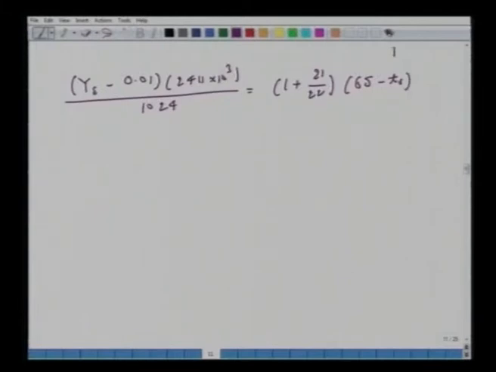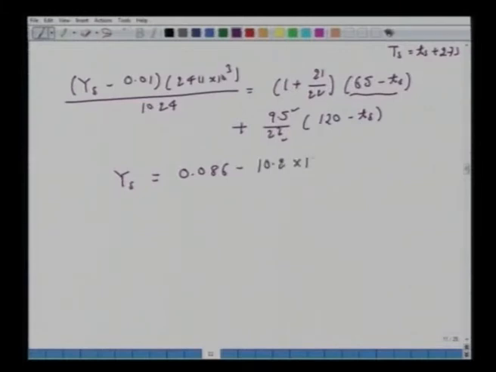So capital TS is nothing but small ts in centigrade plus 273. So the difference will be the same in Kelvin or centigrade, plus 9.5 over 22, which is HR over HC, times TR, again 120 degrees centigrade, minus TS. If we do this and simplify, we have an expression for YS, the saturated humidity corresponding to this TS, the drying surface, the evaporating surface, as 0.086 minus 10.2 times 10 power minus 4 TS. So let us box this.